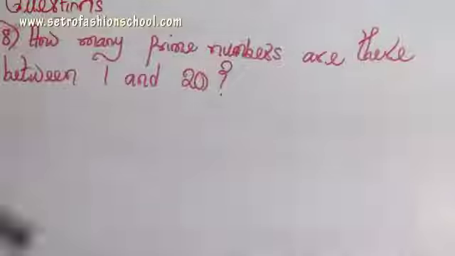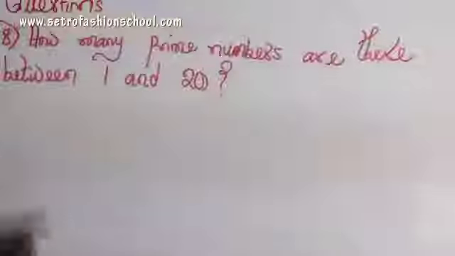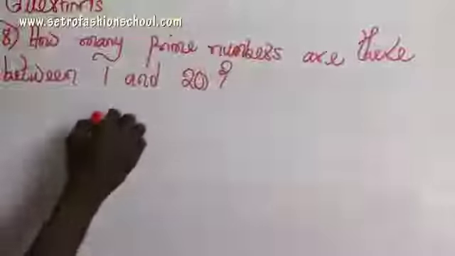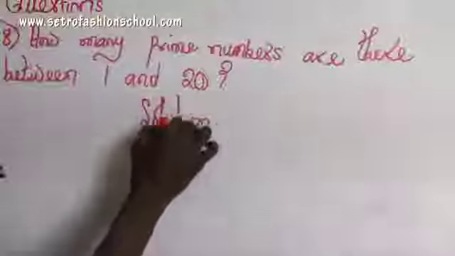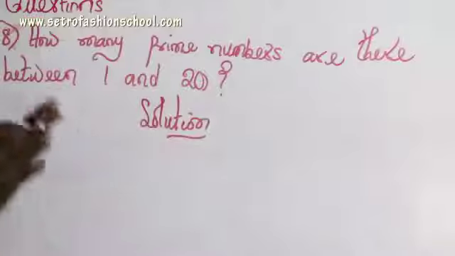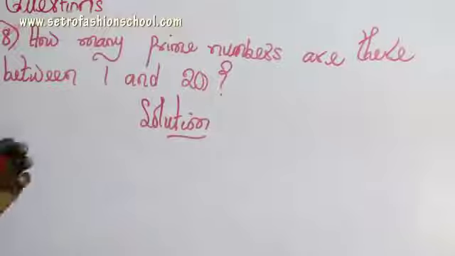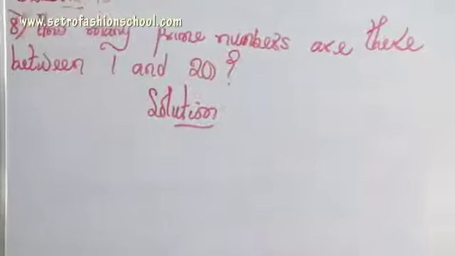Now, the question says, how many prime numbers are there between 1 and 20? What will you do? What you are going to do here is that first, you are going to list out 1 to 20, for you not to make a mistake, for you not to miss out on anyone. List out 1 to 20.